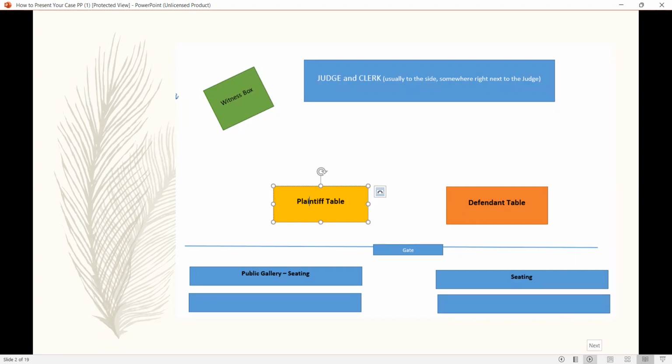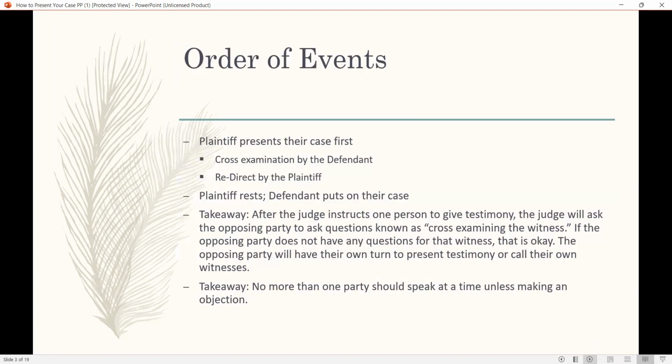Next, we're going to go over the sequence of events and how things are presented in a trial. Just keep in mind that this is general information, and sometimes different judges have different case management techniques. For example, if a witness is going to be unavailable later on or has to leave early, a party can make a motion or a request to have testimony taken out of order.